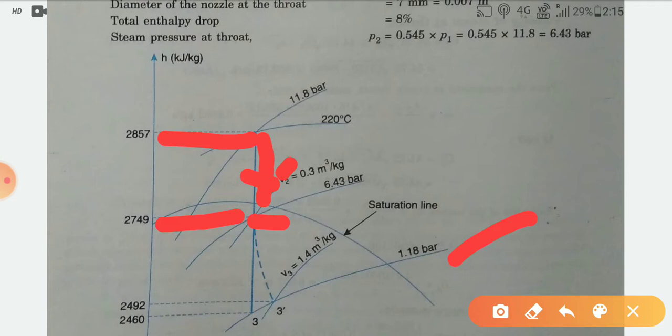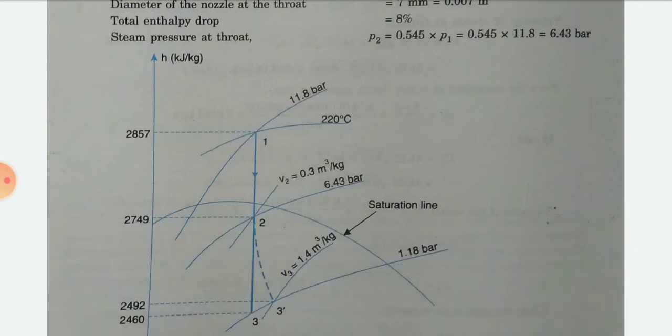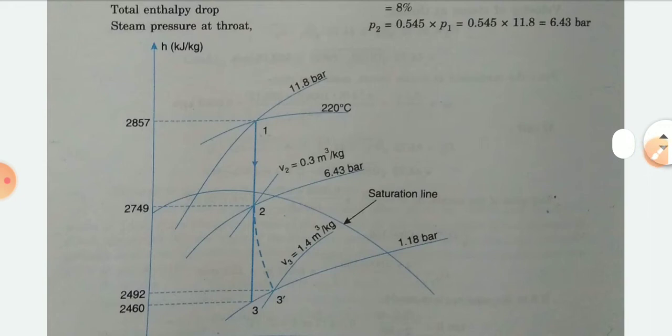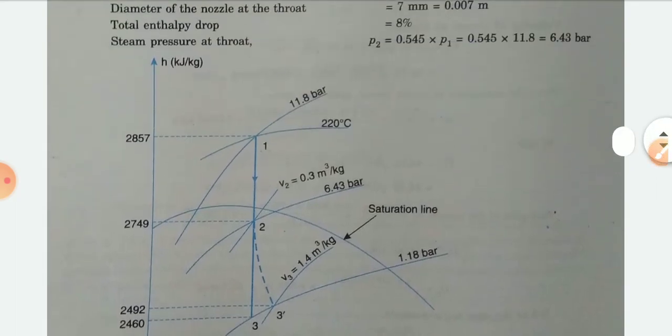You can also find it expands isentropically, and where the pressure 1.18 bar line is cut, that point is our point 3. So you can find H3, and here you can also find the specific volume V2, that means using the Mollier chart, 0.3 meter cube per kg.